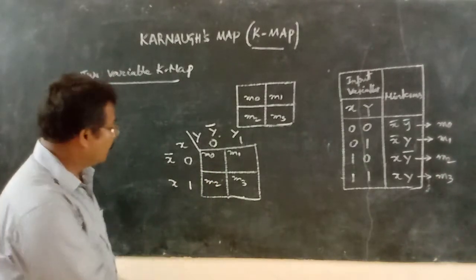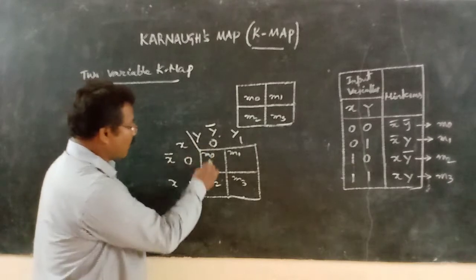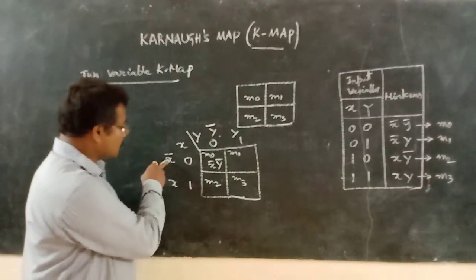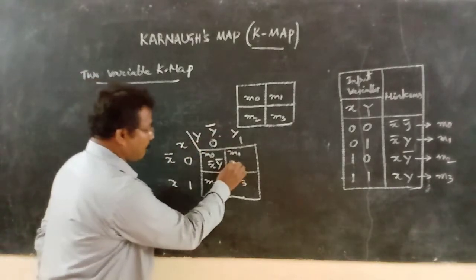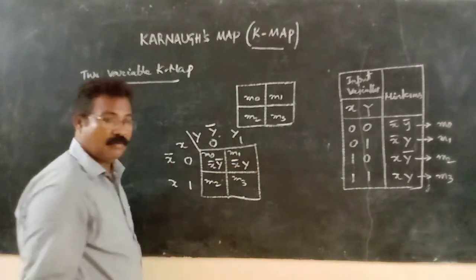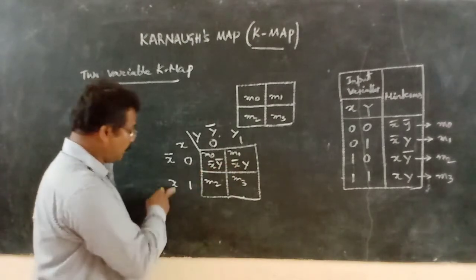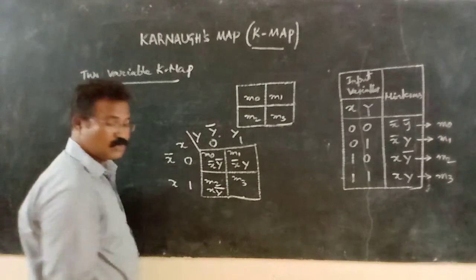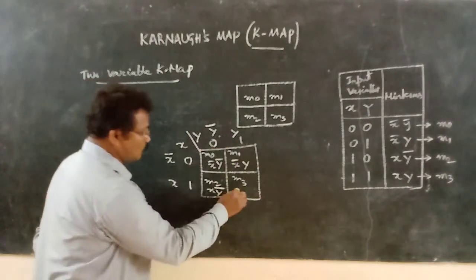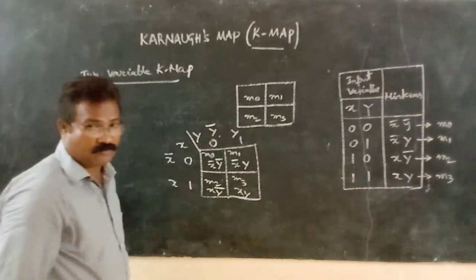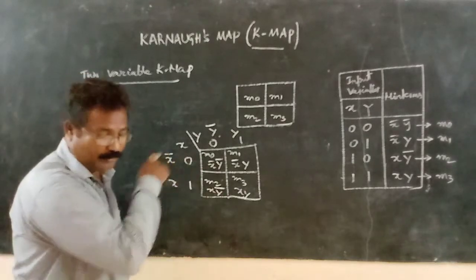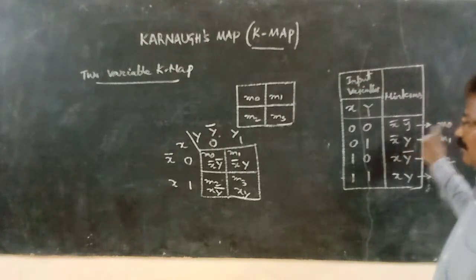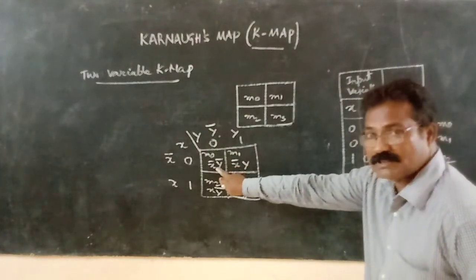That means here x bar, y bar is the first min-term, M0, specified in the first cell.